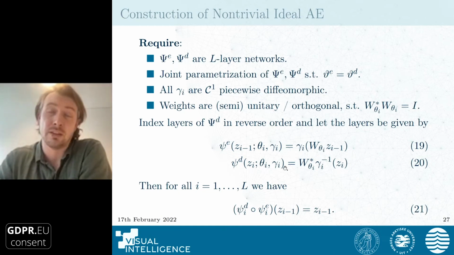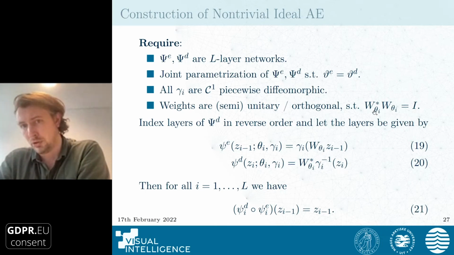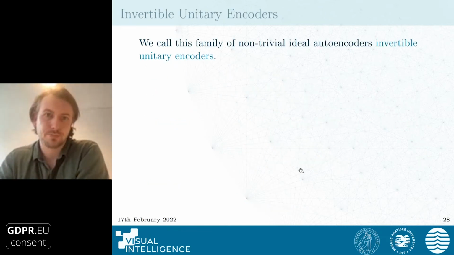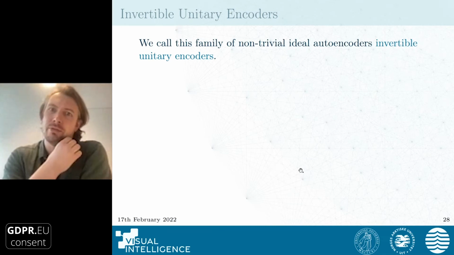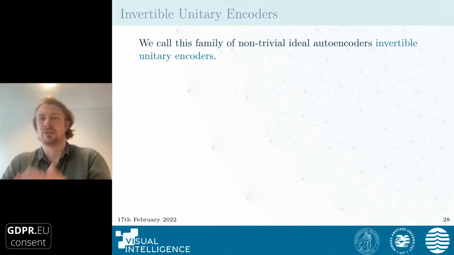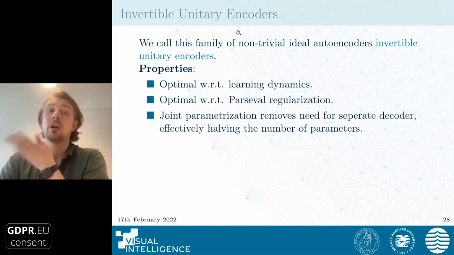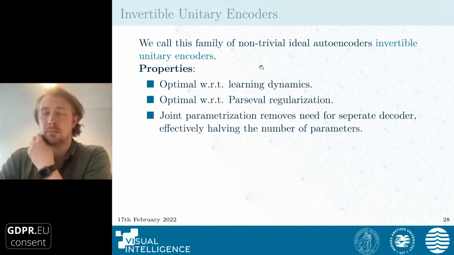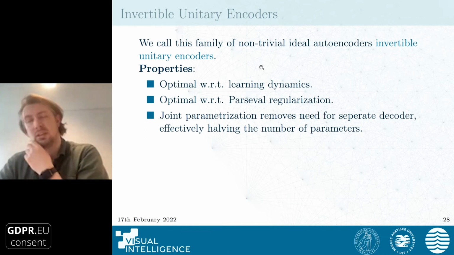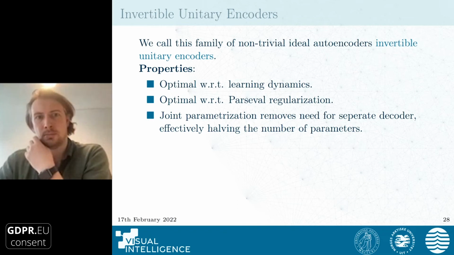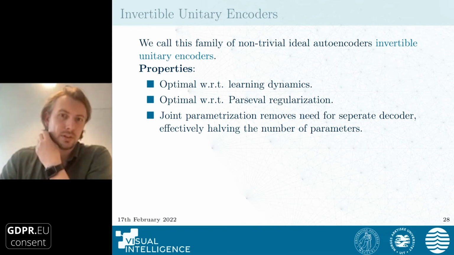And this is a computationally effective method as well, and has this nice property with orthogonality that we saw from Parseval regularization and dynamic isometry. So we call this family of non-trivial ideal autoencoders invertible unitary encoders. In my master thesis, we construct some other types as well, but they don't have the same nice properties.